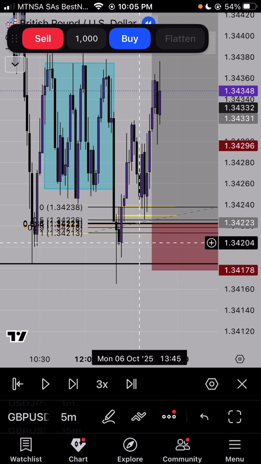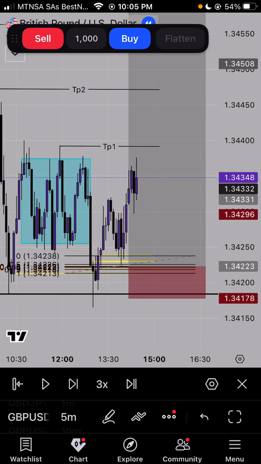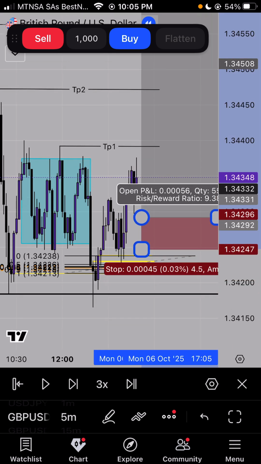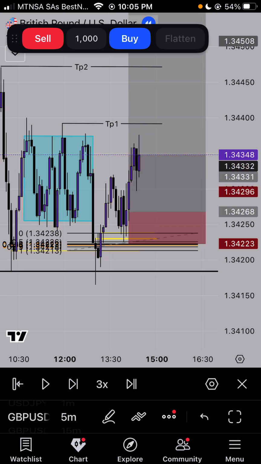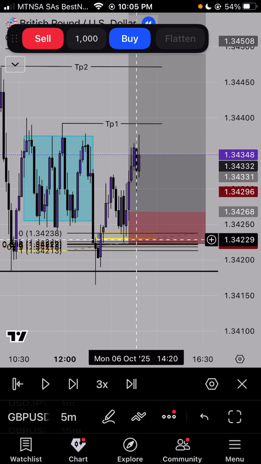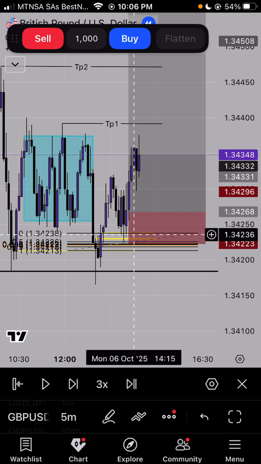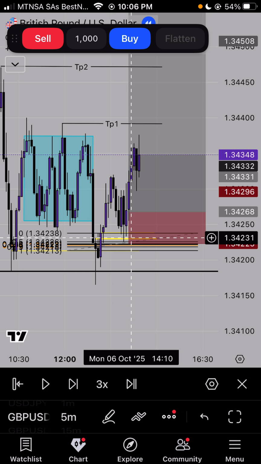Oh yeah, so I took my trade here after I got this rejection right here. The market came in here, tapped into your CISD and then went into your Fibonacci and then pushed towards the upside, but I was late for this trade, so I took an entry based off the rejection, which I never done before.